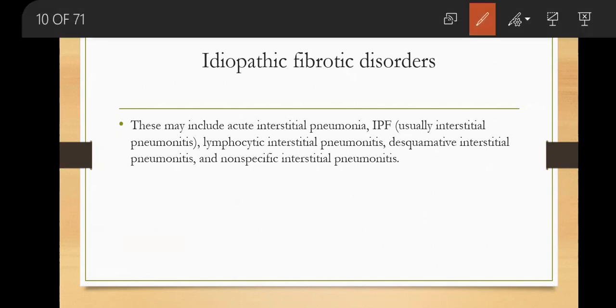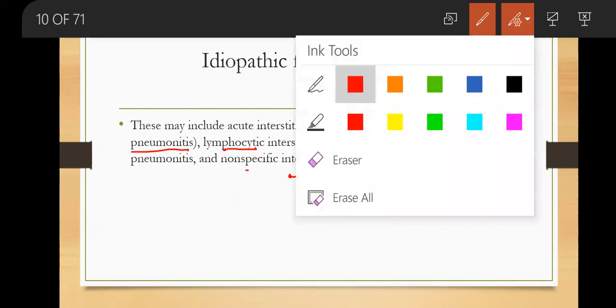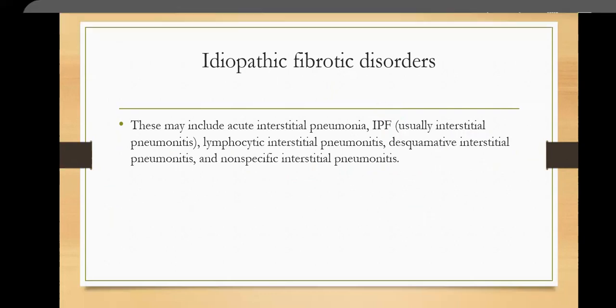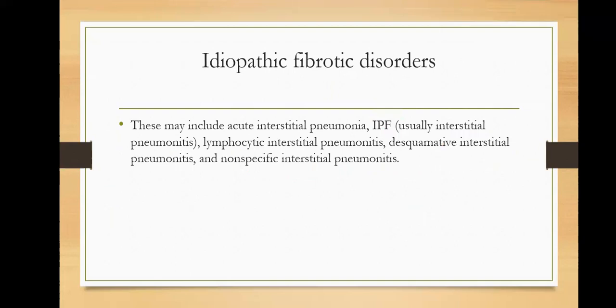So basically it's usual interstitial pneumonitis that causes idiopathic pulmonary fibrosis, and the interstitial pneumonitis can be lymphocytic, desquamative, or non-specific. Now we are finished with the intrinsic disorders. We will go to the extrinsic disorders.